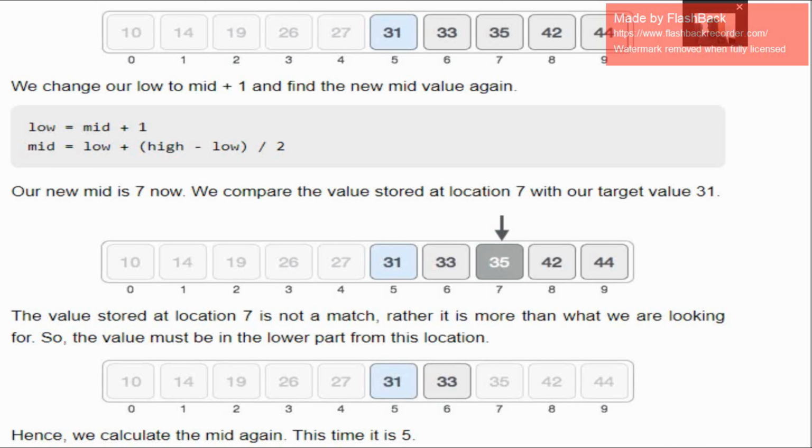So the value must be in the lower portion from this location. Hence we calculate the mid again. This time it is 5.